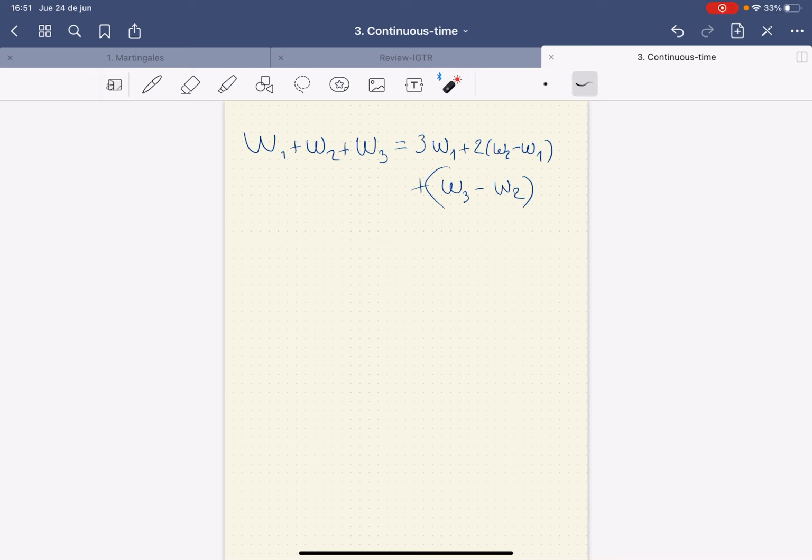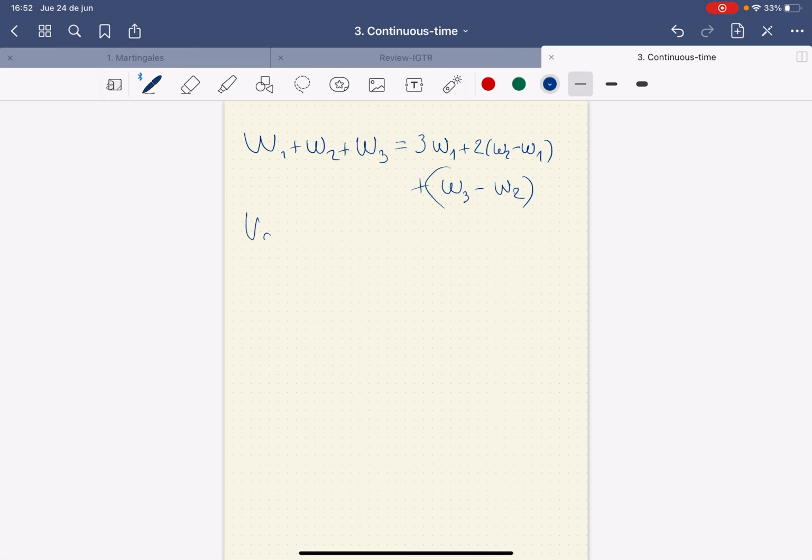Because when we have just these 3 here and we subtract 2 from them, then we just keep the original W1. And then if we take from these 2 W2s and we take 1 from them, then we just are left with this guy here. And this W3 is just this W3 here.